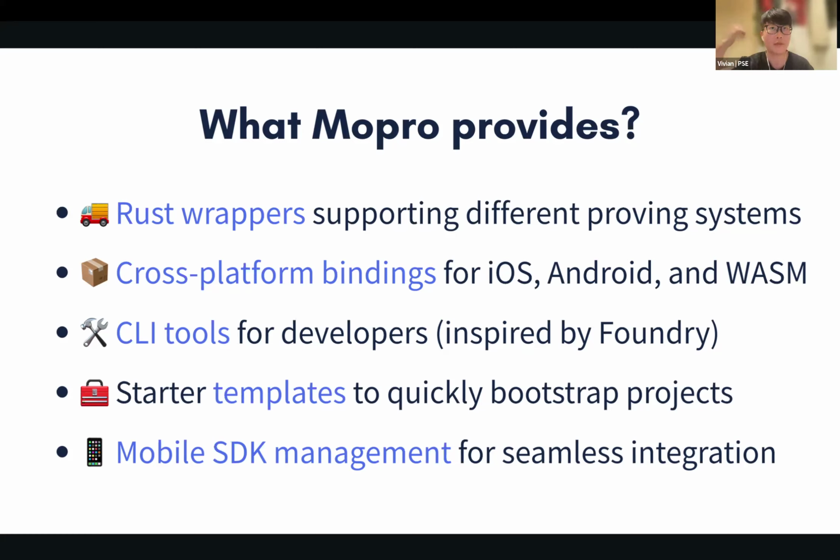If you want to create your circuit as a package, you can use our templates and publish the package yourself. For example, we provide the ZK email SDK for iOS, Android, React Native, and Flutter. So other mobile developers can just use, for example, npm install to install packages that have already been built by ZK developers.